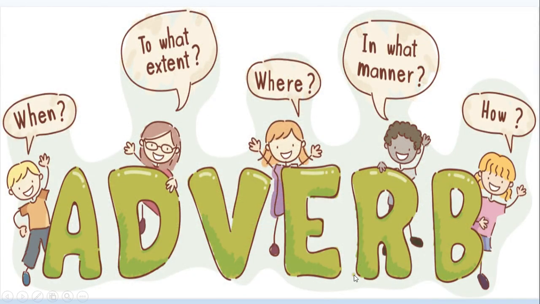So an adverb might answer the questions of when, to what extent, where, in what manner, and how. If a word answers the question when or how, it is for sure an adverb.